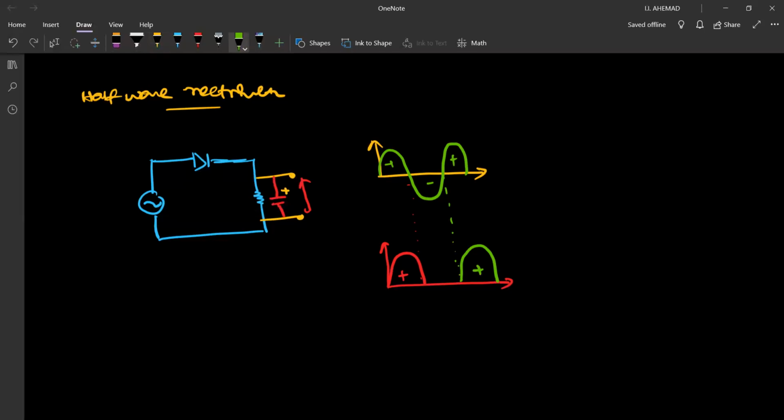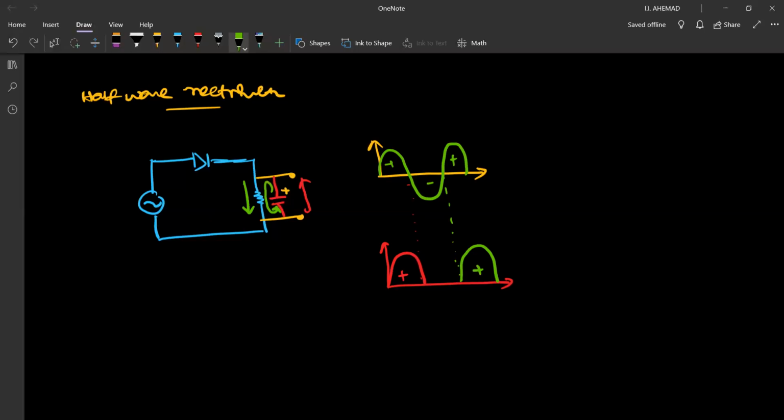During the negative half cycle, there is no current in the circuit. In this direction, current cannot flow, right? But this capacitor has saved some charge, and this plate is positive. So the current will flow from the positive plate to the negative plate through this resistor, which will be in the downward direction.